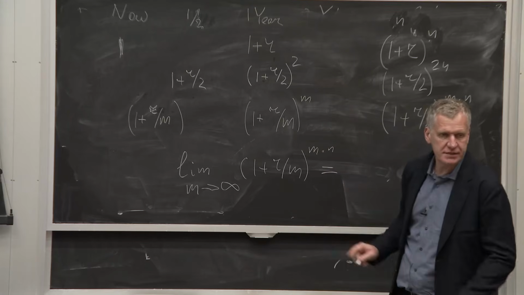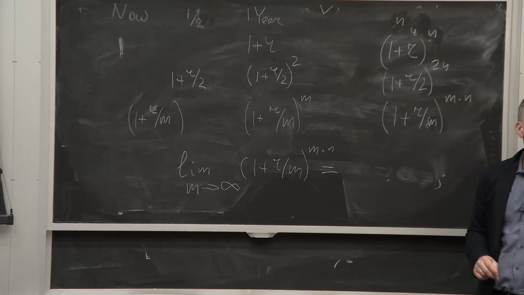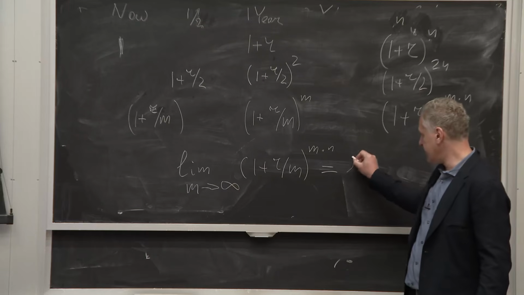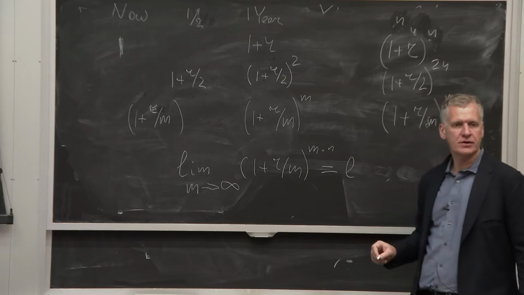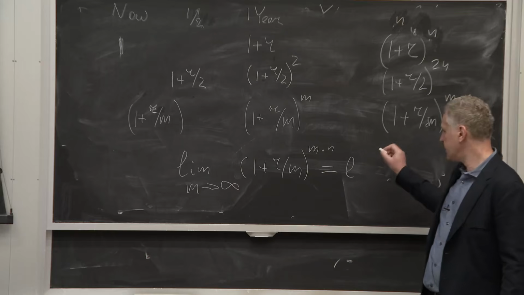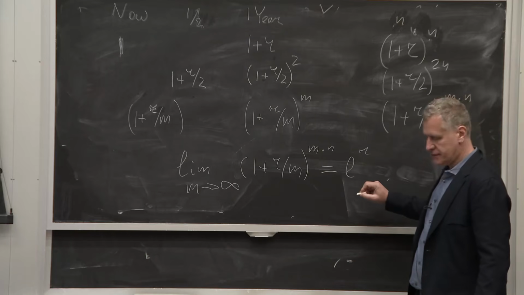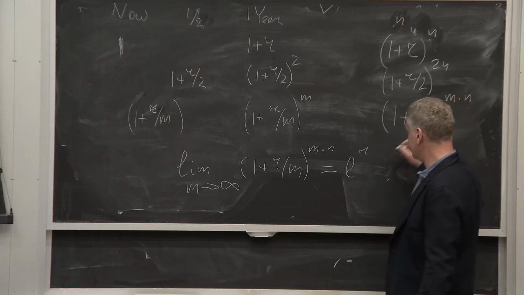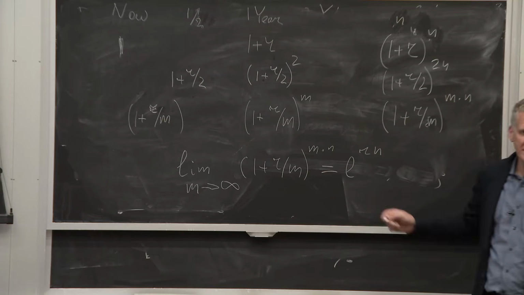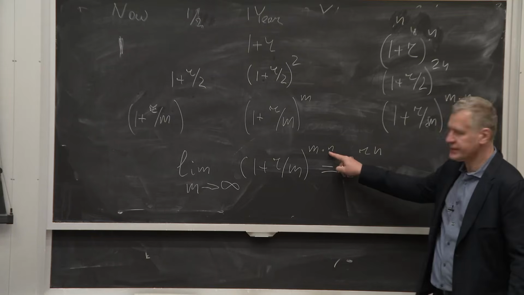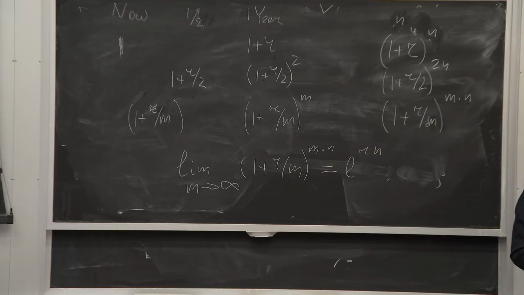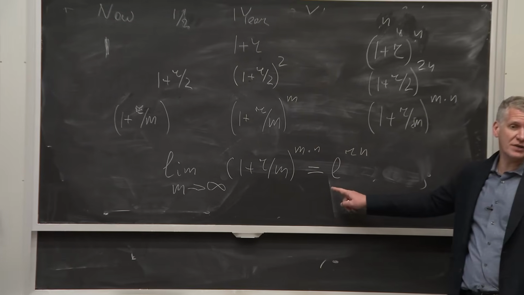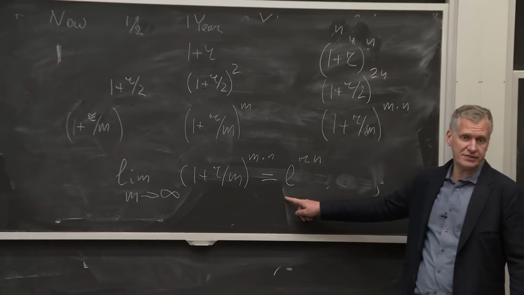So who knows what that is? Well, it is e, but no, R has to be there. And this n will stay there, right? So in fact, an interesting historical fact, that's how e was discovered and defined.